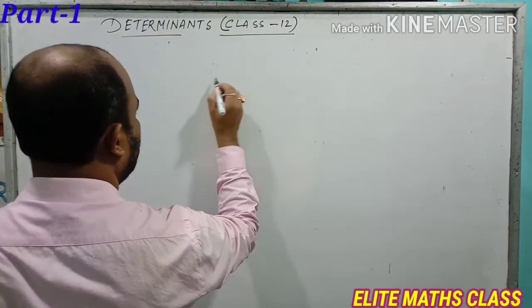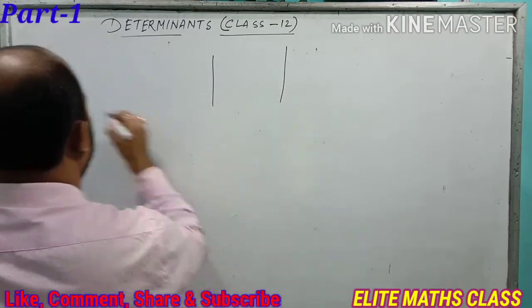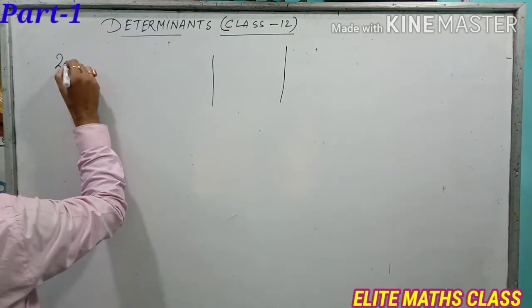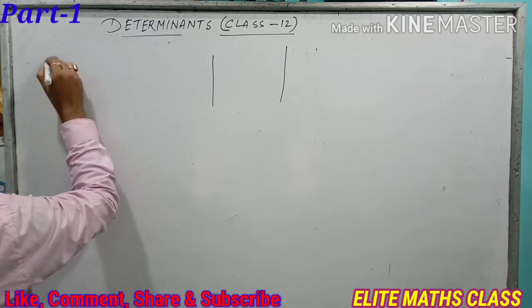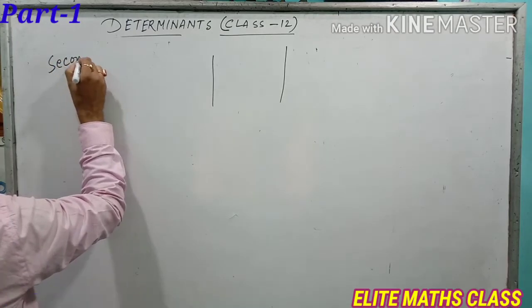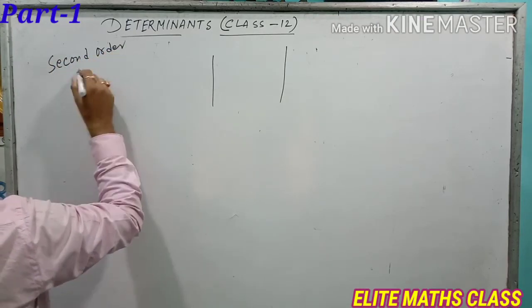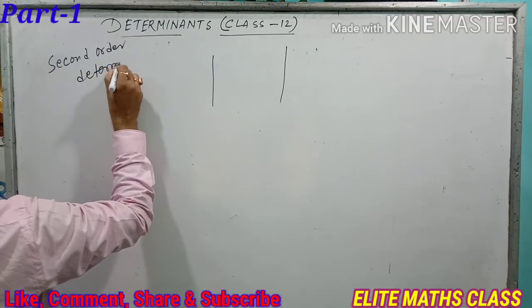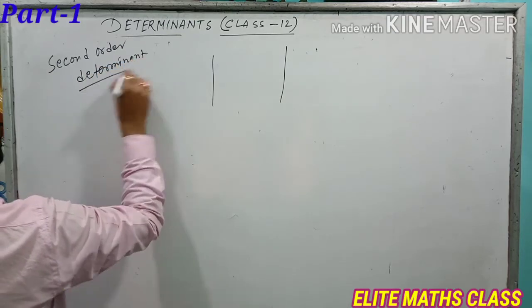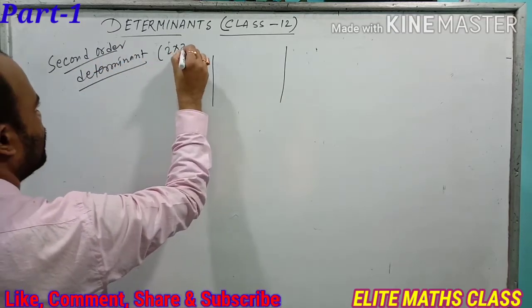So we are starting here with the second order determinant, that is a determinant of order 2 by 2.